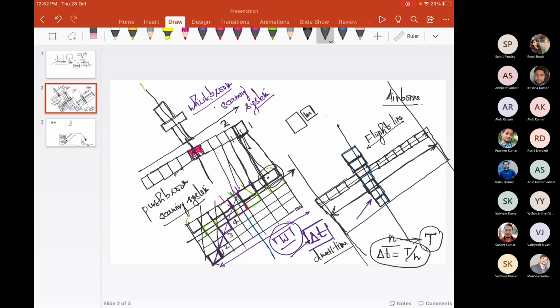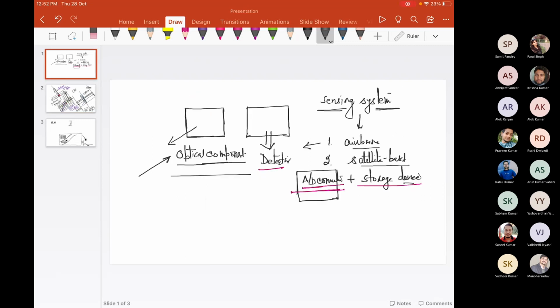So we have seen where we started. We started with discussing the major components which are part of a sensing system. While discussing, I said we have an optical component, a detector, then we have electronic components which convert voltages generated by the detectors into a data format that can be stored on the storage device.